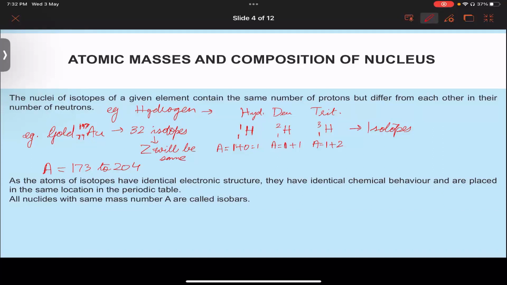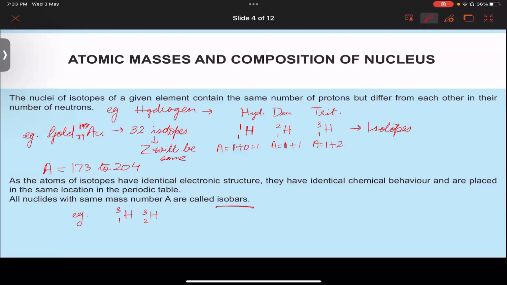Now we have another type of elemental category that is called isobars. So what are isobars? The nuclides have the same mass number A. For the example, if we consider hydrogen with this, these are called isobars.